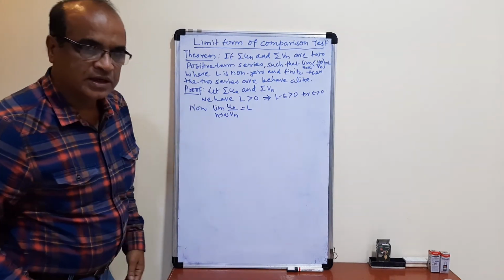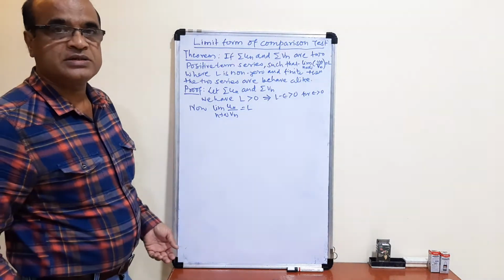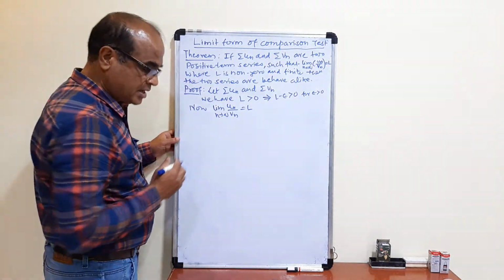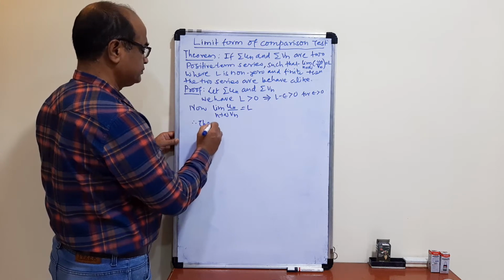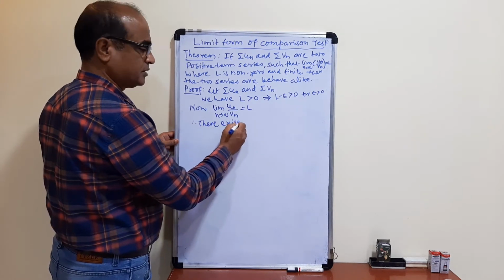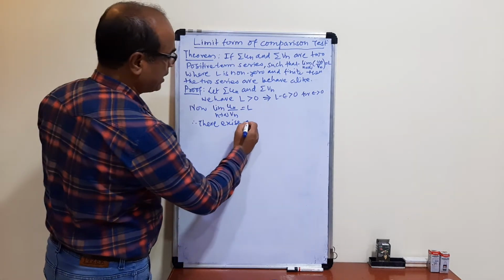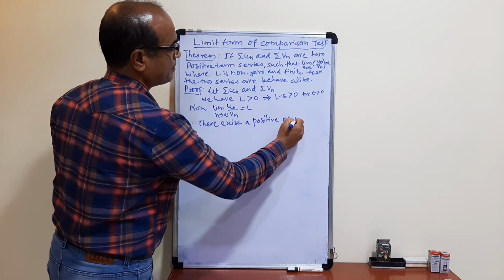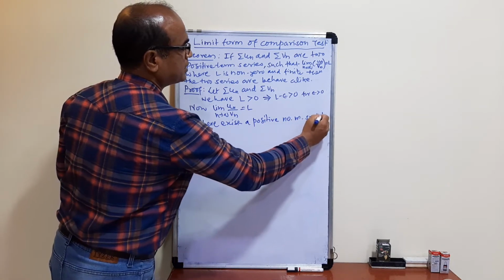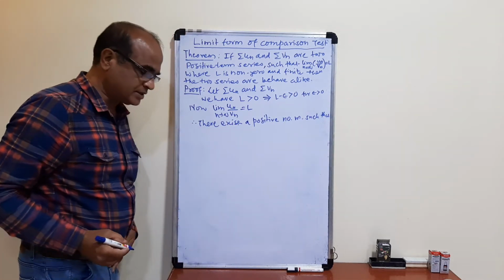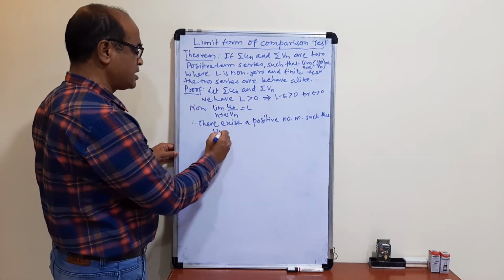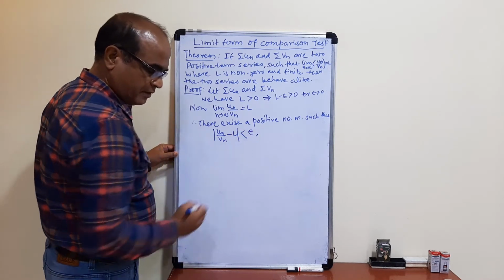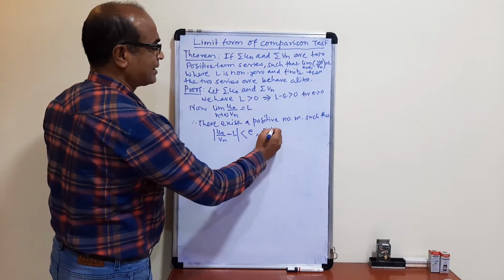So what is the definition of the limit? The epsilon definition, which we studied in sequences. Therefore there exists a positive number m such that, by the definition of a limit of a sequence, the modulus of un upon vn minus L is less than epsilon for all n greater than or equal to m.